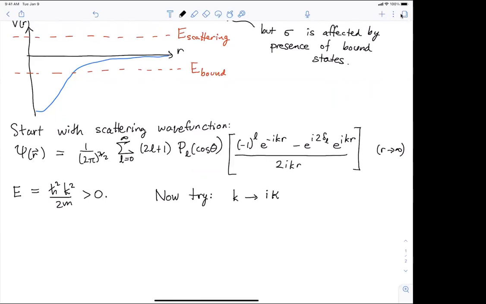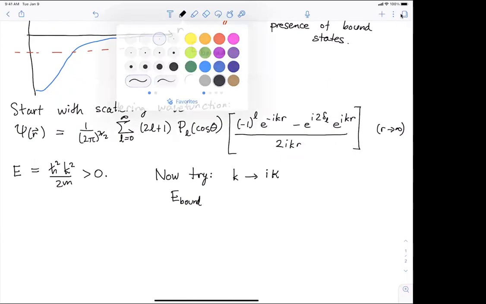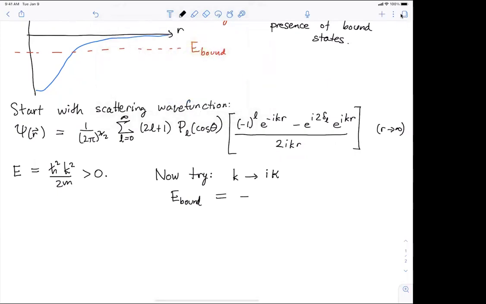So if you do that and you plug it into Schrodinger's equation, if it worked before, it'll still work. But now the bound state energy, instead of being h bar squared k squared over 2m, is going to be minus h bar squared kappa squared over 2m, which is negative, which sounds good.